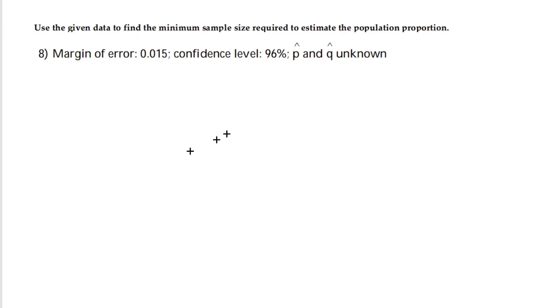Now let's go to the next question. This one is very similar to the previous one, except that p hat and q hat are unknown. So you have this formula that we obtained in the previous question, but we don't know what p hat and q hat are. If that happens, then just go with 50-50, which means p hat will be 0.5 and q hat will also be 0.5.